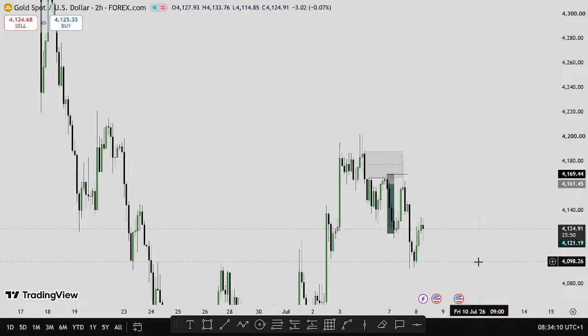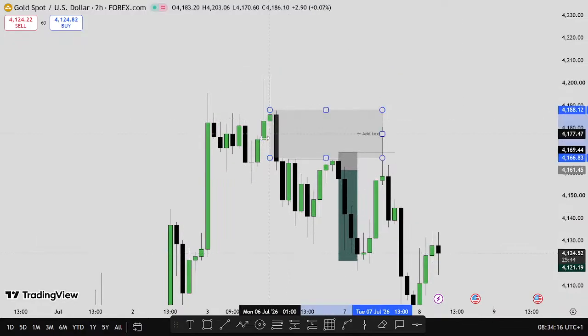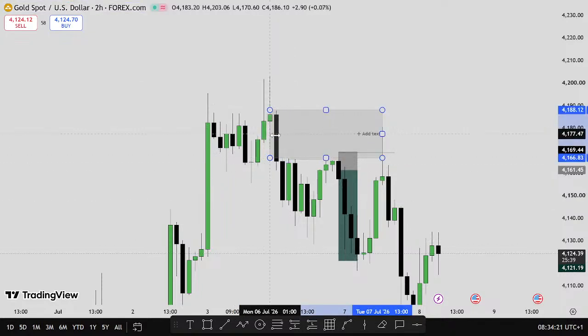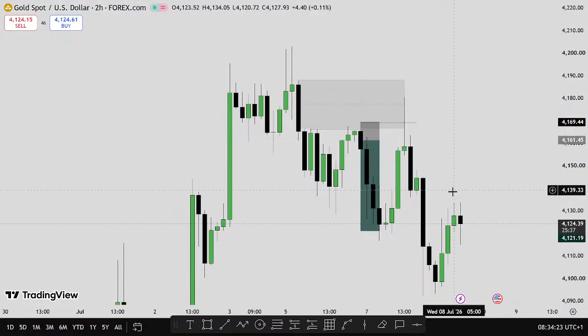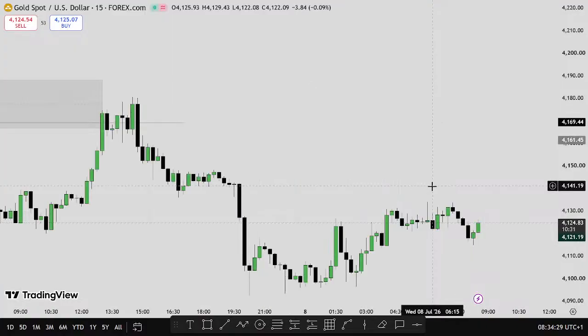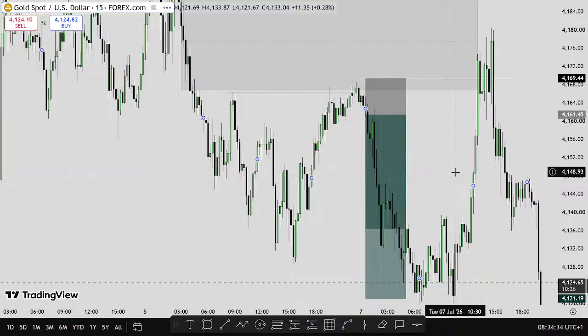So immediately price mitigated this POI, you can see this fair value gap. There's a gap here and here. So when price mitigated this fair value gap, I simply waited for what I tell you, displacement. I waited for price to shift. If price then shifts, I'll take the trade.